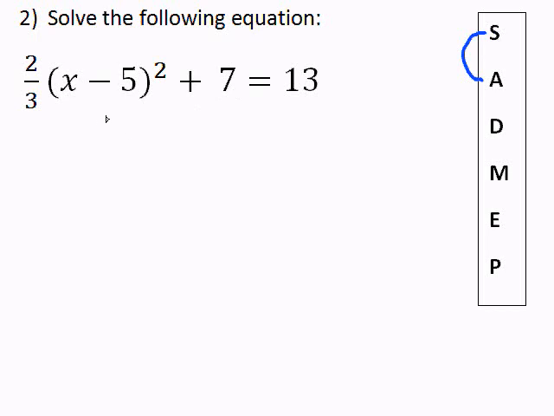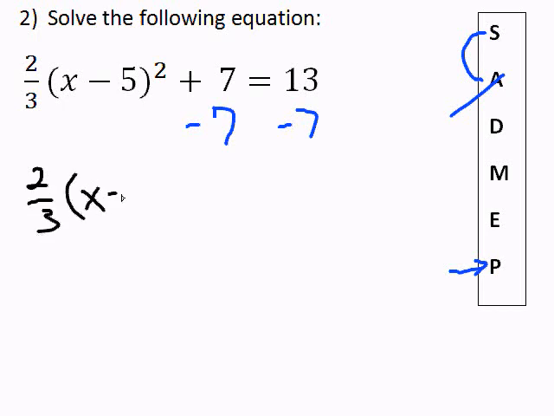We cannot, I repeat, cannot get rid of that minus 5 inside the parentheses because it's stuck in parentheses and that comes last. But we can get rid of the plus 7 by subtracting 7 from both sides. I undid addition by subtracting 7 from both sides, giving us 2/3 (x minus 5) squared equals 13 minus 7, which is 6.